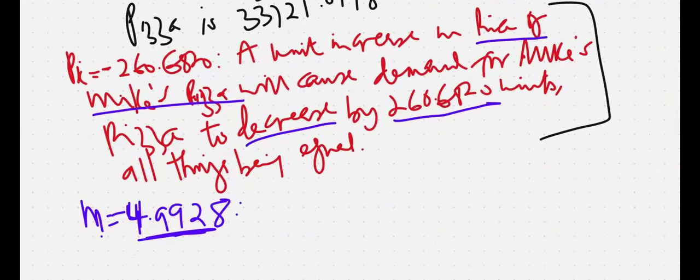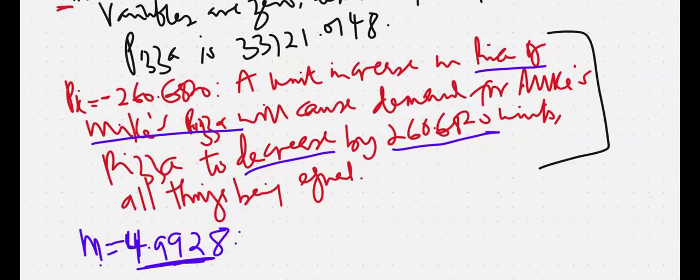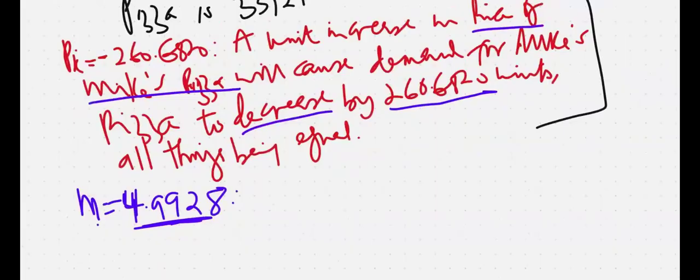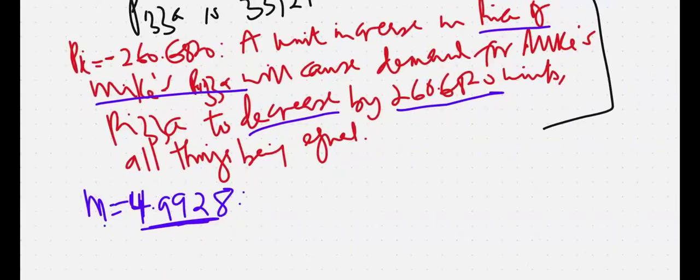Or, let me use consumer's income rather: any change in consumer's income will cause demand for Mike's Pizza to change by 260.6820 units, in the same direction, all things being equal, or holding all other factors constant.